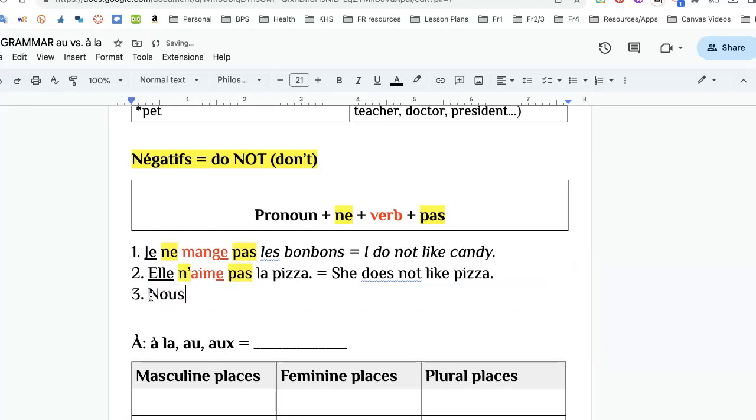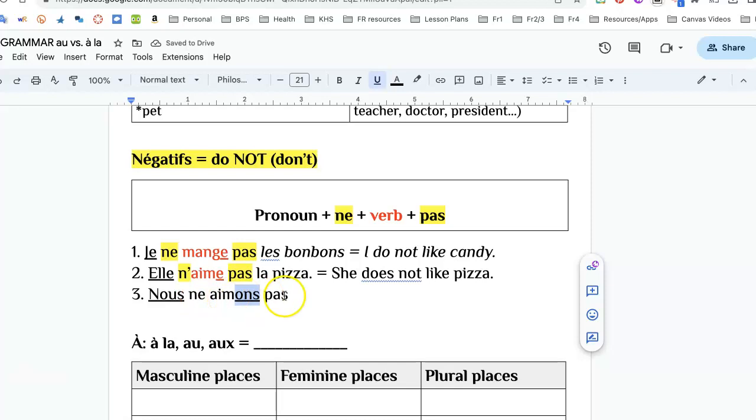We, nous, and then we need the ne, and then our verb like, we do not like. Don't forget, nous goes with O-N-S.